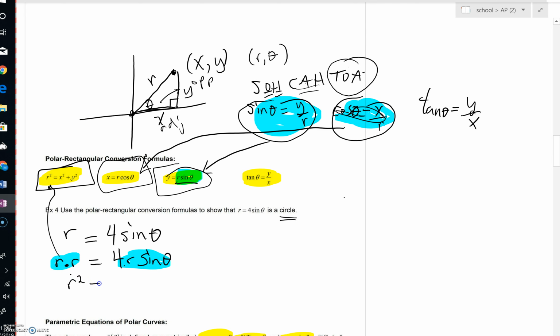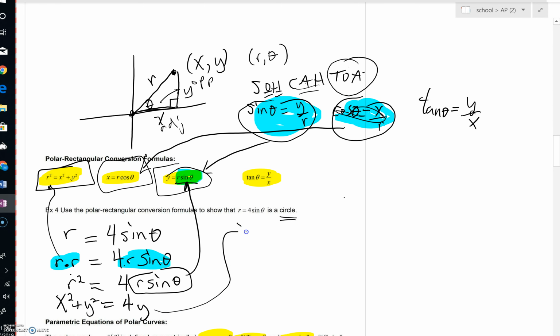And that's also something I'd really like to see. Because here's what's going on. This r sine of theta really could be called y. And r squared itself is really x squared plus y squared. So that's a quick method that we can use, at least in this case, to move a little bit closer to getting a very familiar graph.